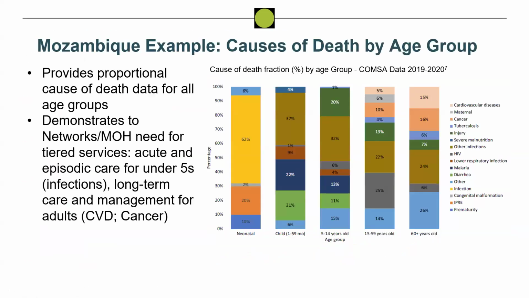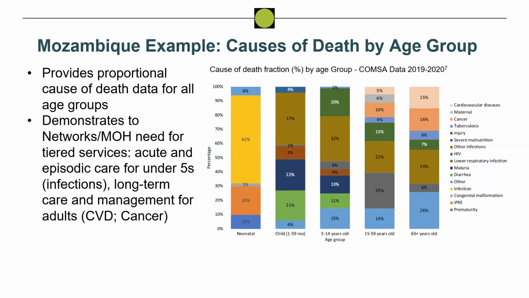If you look at the case of Mozambique, they were able to provide cause of death data by age groups, which became extremely useful for planning as well as resource allocation, program intervention design, and implementation in the country.